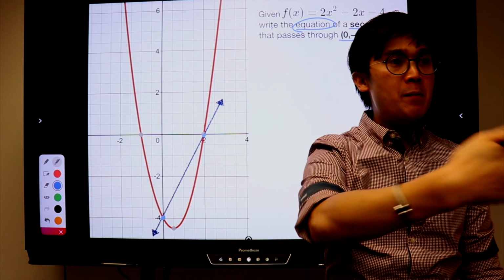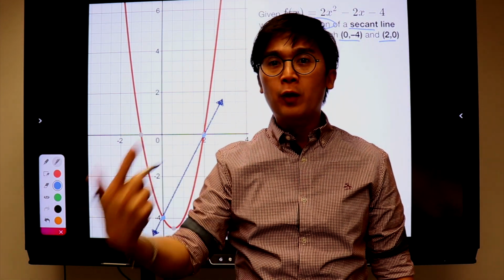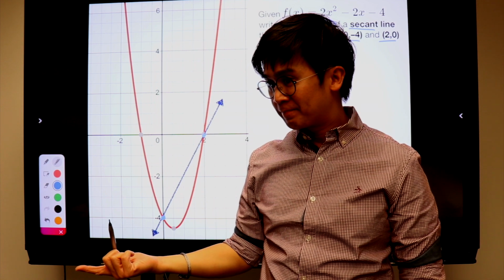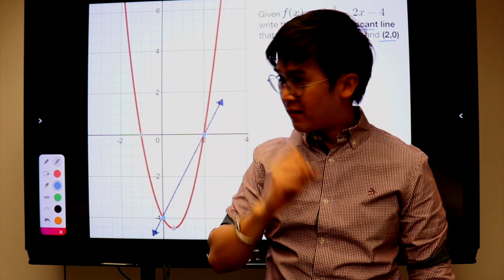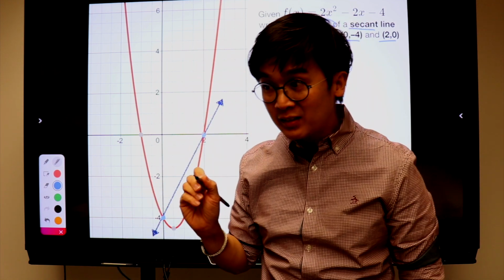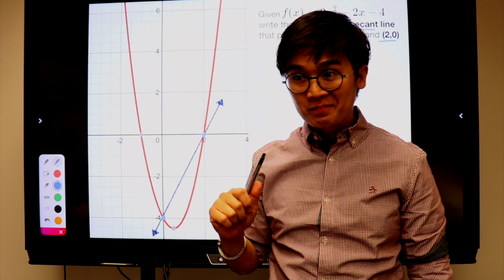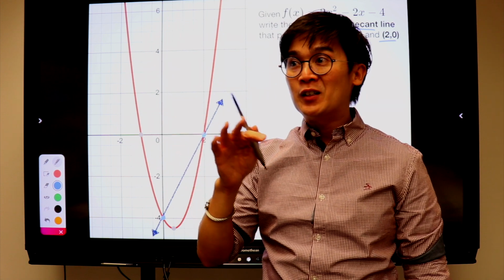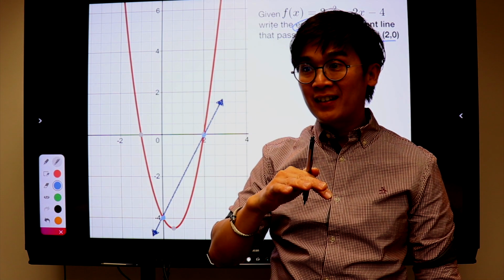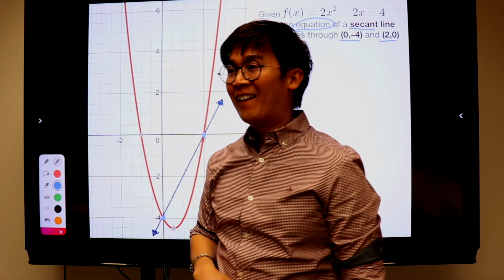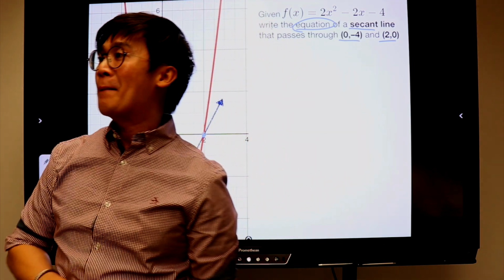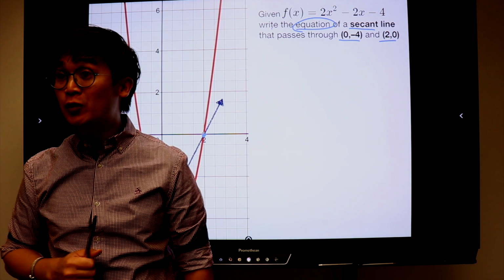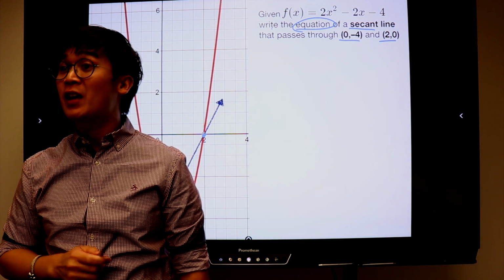Do you remember how to write the equation of a line given 2 points in an algebra problem? y2 minus y1 over x2 minus x1. Oh, so you remember something. And that is one of the things that you need to know and use to be able to write the equation of a line.